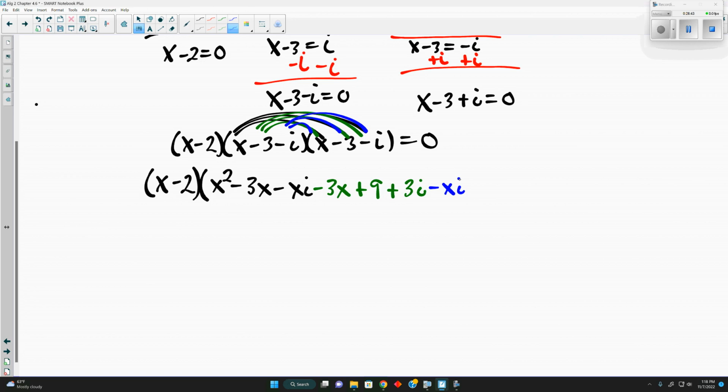Negative i times negative 3 is plus. Let's see here, make sure. Nope. This should be plus. Miswrote that. So this here would be plus, and the 3i would be negative, yes.